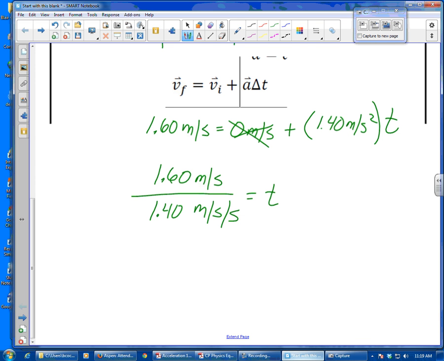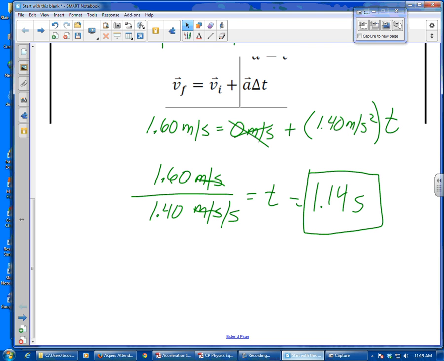And if I do it in my calculator, the number part comes out to 1.14, and then unit-wise, meters per second cancel out meters per second. So I've got over seconds. Oh, so the seconds come up, and there's my answer, 1.14 seconds.